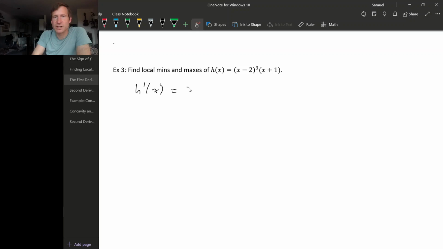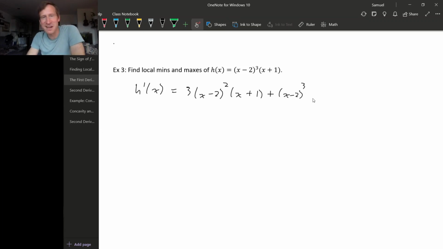So differentiating the first piece, we get 3 times x minus 2 squared times the derivative of x minus 2, but that's 1. Okay, times x plus 1 with no derivative, plus the first part with no derivative, x minus 2 cubed, times the second part with the derivative, but the derivative of x plus 1 is 1. So there's a times 1 here that I'm not going to write down.